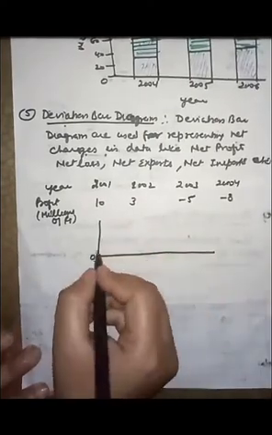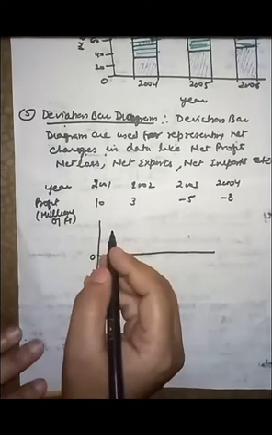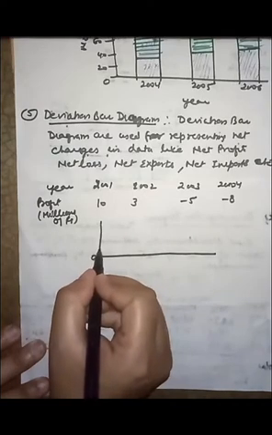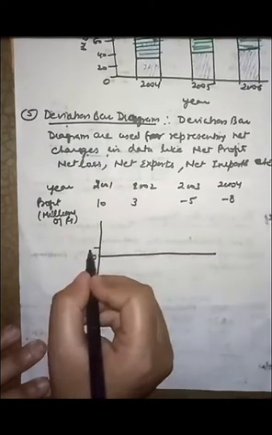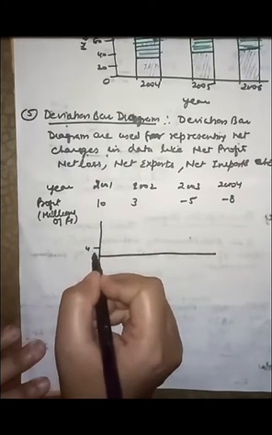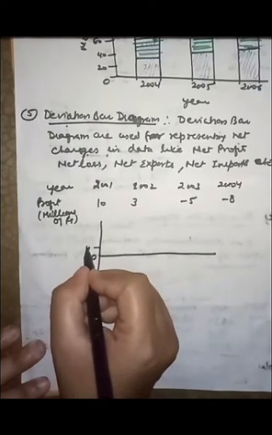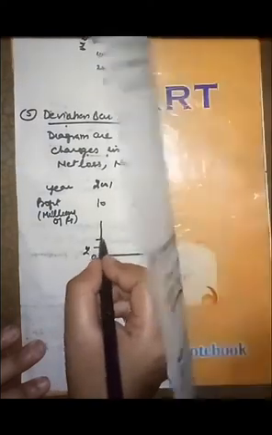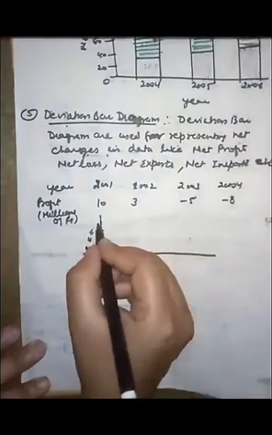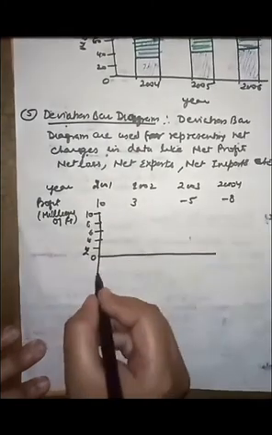So here take the proper scale. I have taken the difference between 4, or you can take the difference between 2, right? 2, 4, 6, 8, and this one is 10.